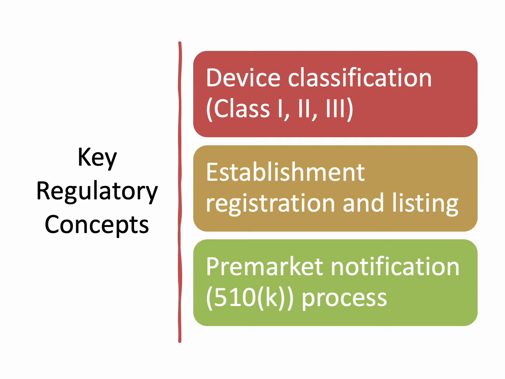Establishment registration and device listing require manufacturers and importers to register with the FDA and list their devices, ensuring traceability. The pre-market notification 510(k) process, primarily for Class II devices, demonstrates substantial equivalence to a legally marketed device to gain market clearance. For example, a new blood glucose monitor may require a 510(k) submission.